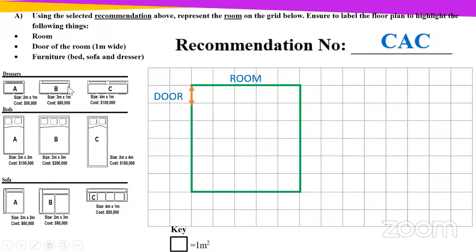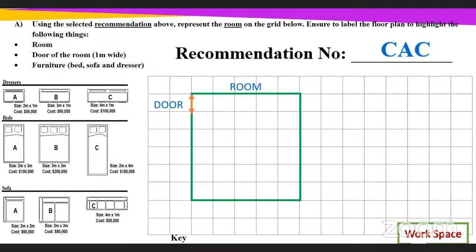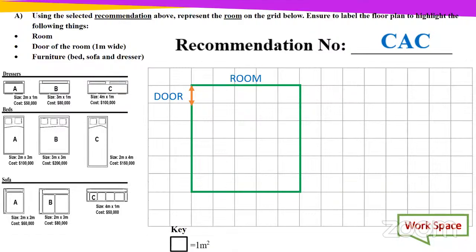And remember, we were asked to label. Now, based on our recommendation, we are going to place our furniture in our room. And you are now going to tell me exactly how we're going to be placing the furniture in our room.